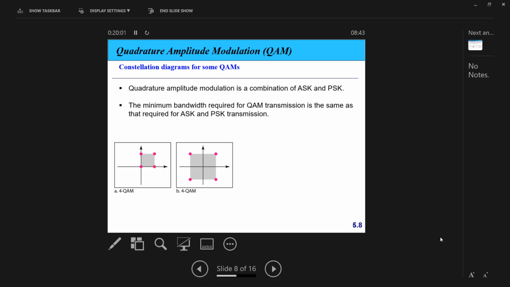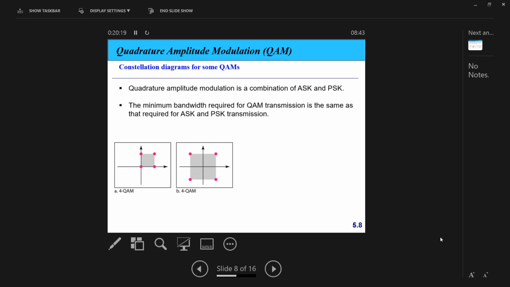Same length, same amplitude, same phase but different amplitude. Here different amplitude and here different amplitude. In this case we come to the L, which is the number of levels.